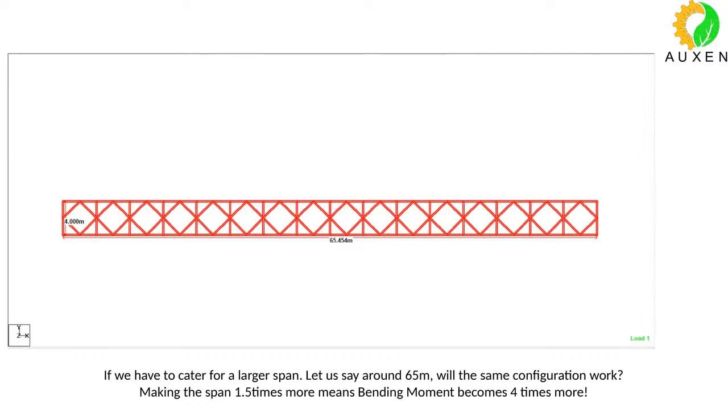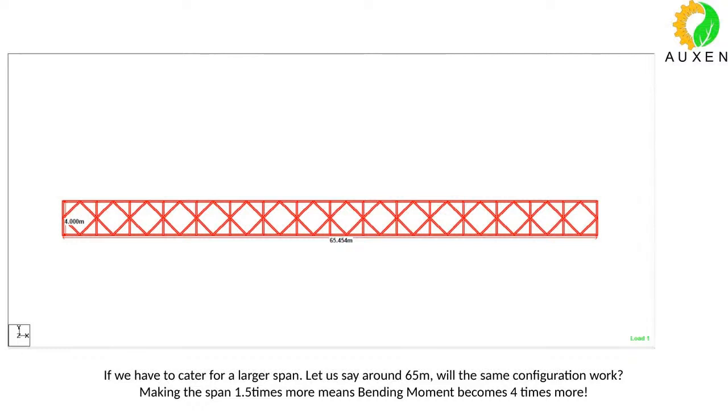Till now we had taken 45 meters of span. So if your span becomes 1.5 times, your bending moment becomes how much? It should not have been written 4 times, it's a mistake. So my bending moment will become around 2.25 times. Please ignore this 4 times that I have written.